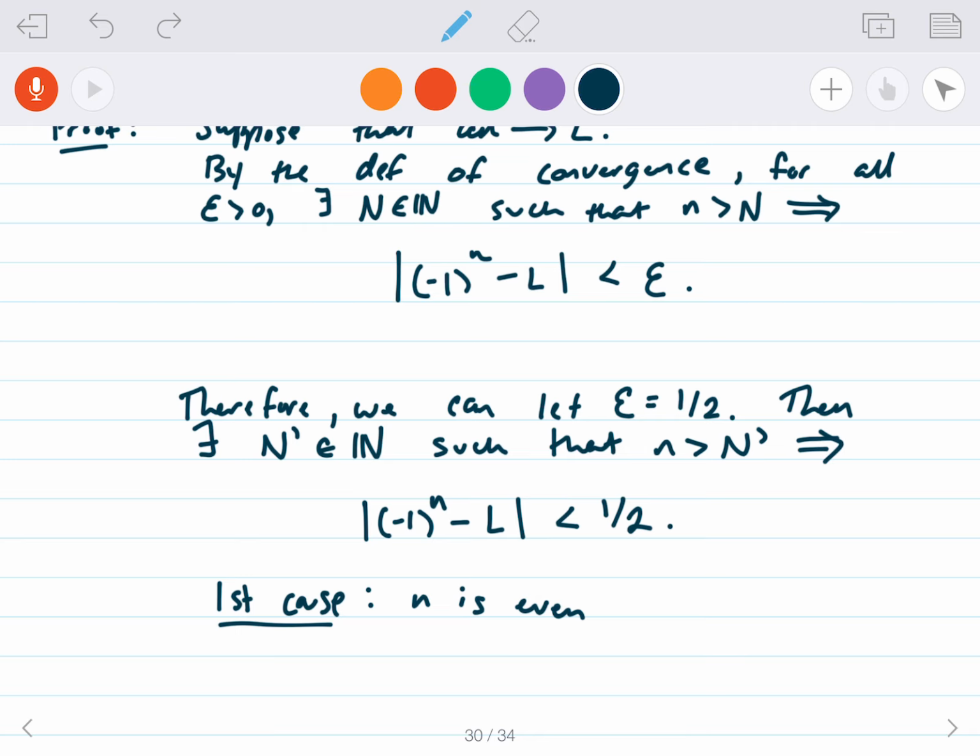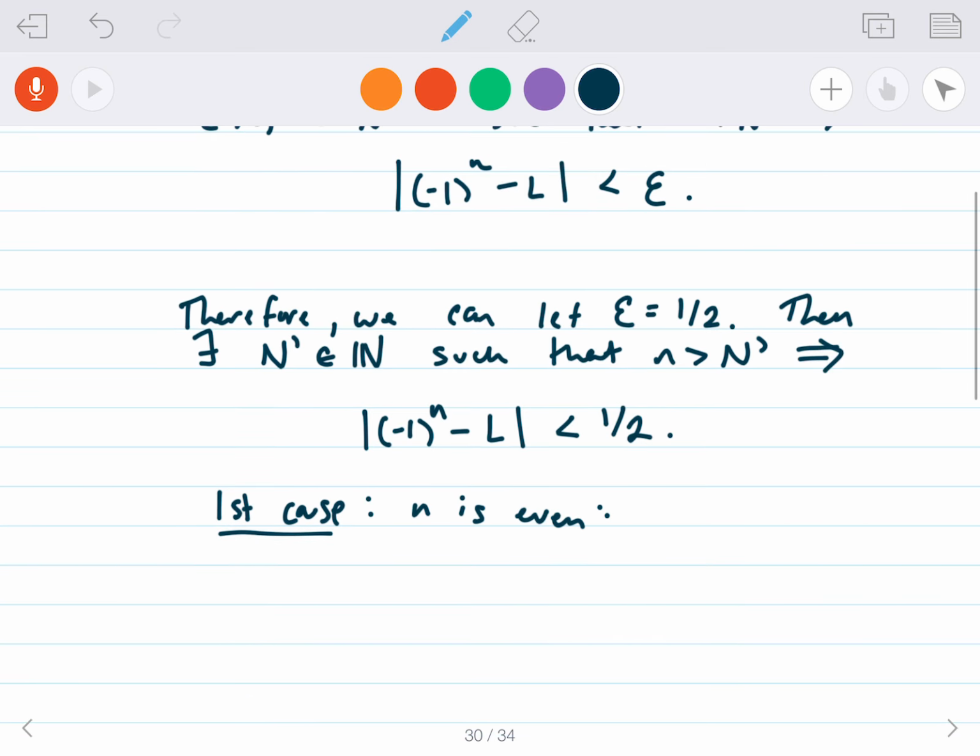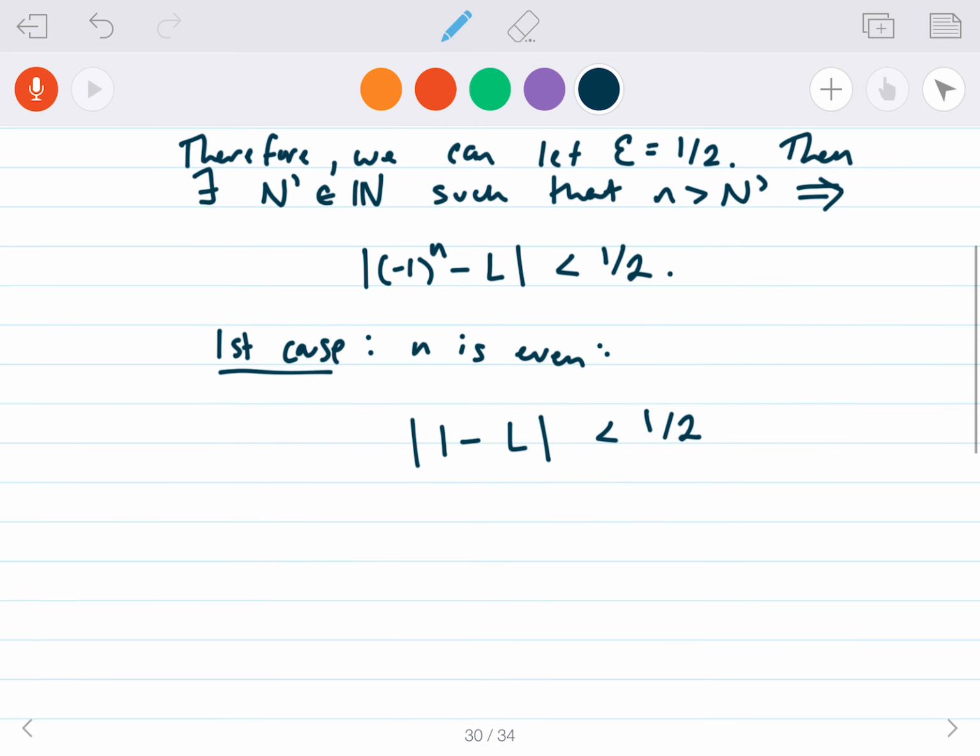In the first case, when little n is even, this becomes |1 - L| less than a half. Now I'm just going to use my properties of absolute values from lecture 2 and say that this means 1 - L is between -a half and a half.